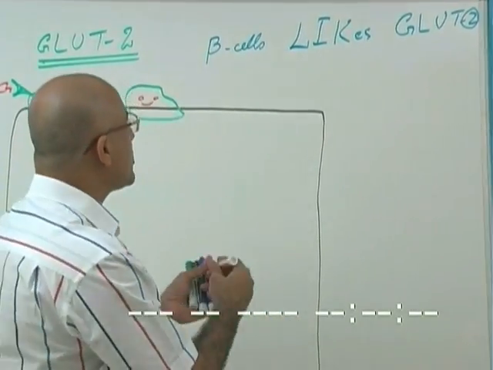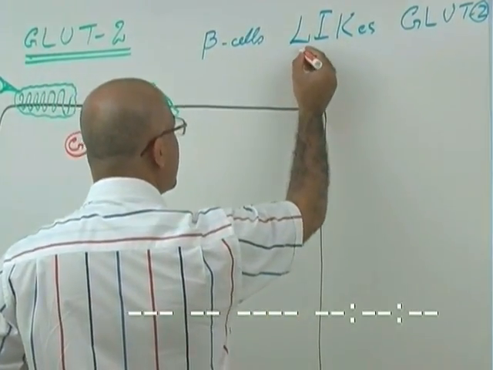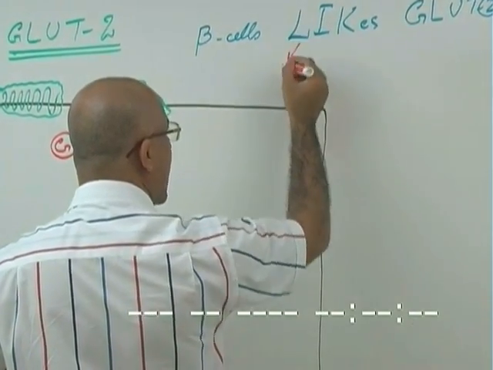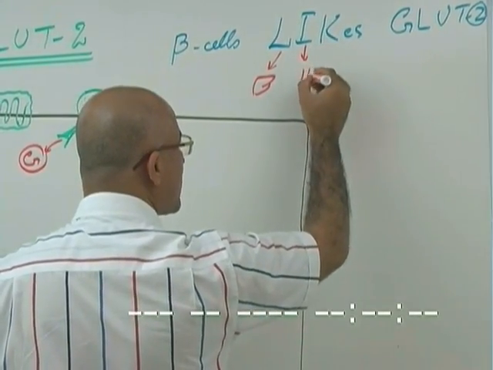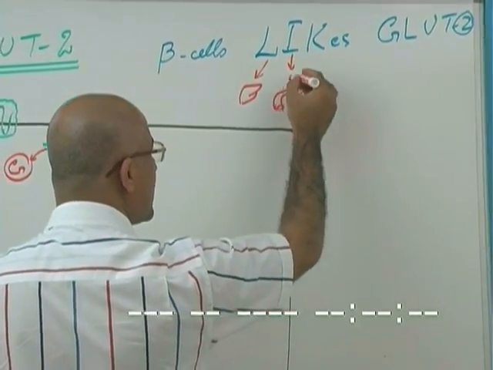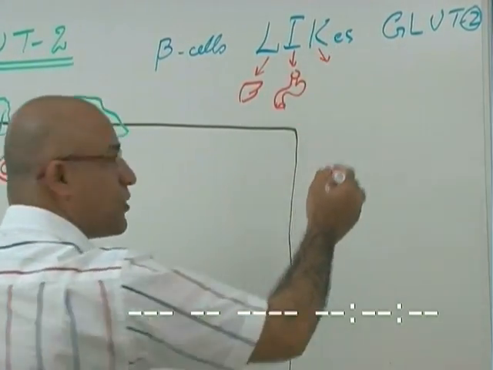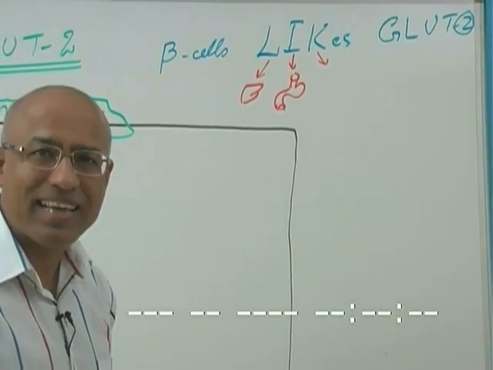Actually, this "like" should remind you that GLUT-2 is also present in L for liver. They are also present in intestines, I for intestine, and there is no fun in telling you that K stands for kidneys.